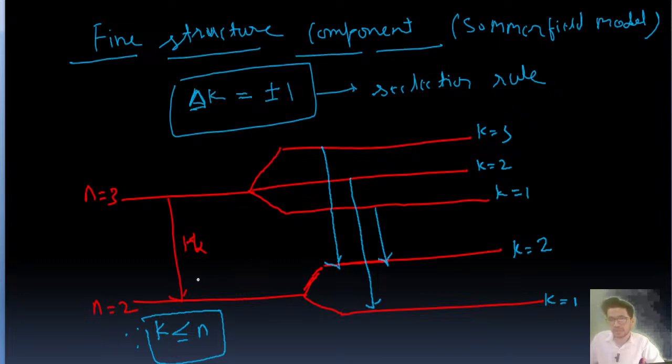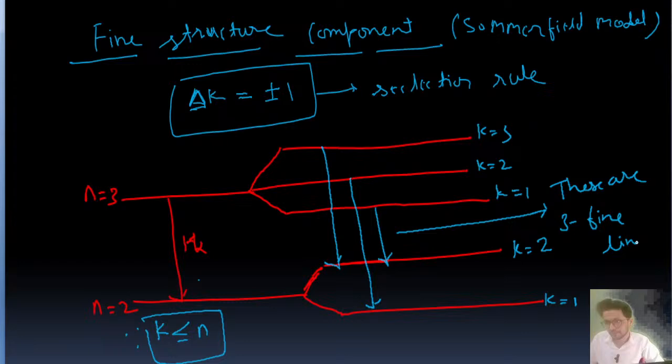For this H alpha line, we have three fine lines, right? These are three fine lines corresponding to this line, H alpha line.